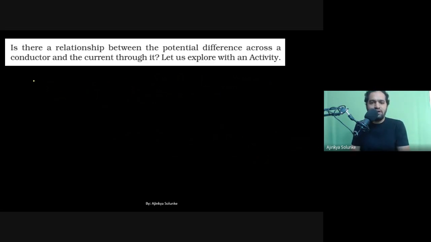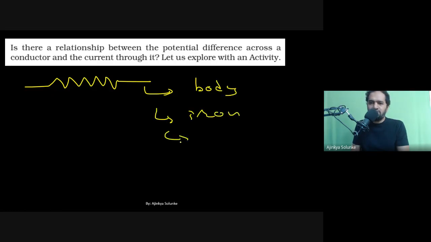If every matter has resistance, and if resistance has a symbol like zigzag lines, can I use this symbol for every matter in the world, like the human body, or iron, or copper, or plastic? What do you think? Can I use the symbol for everybody? Because this symbol is just a resistance symbol, right? So as every matter has resistance, we can say this can be used for everybody, including the human body, iron, and plastic.